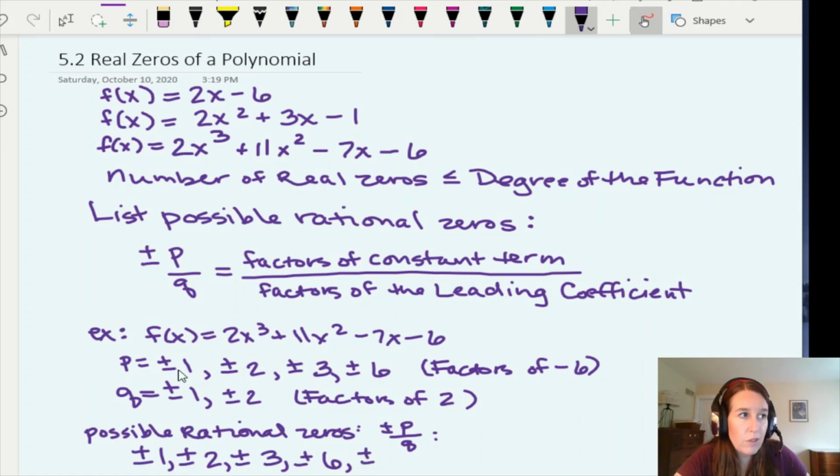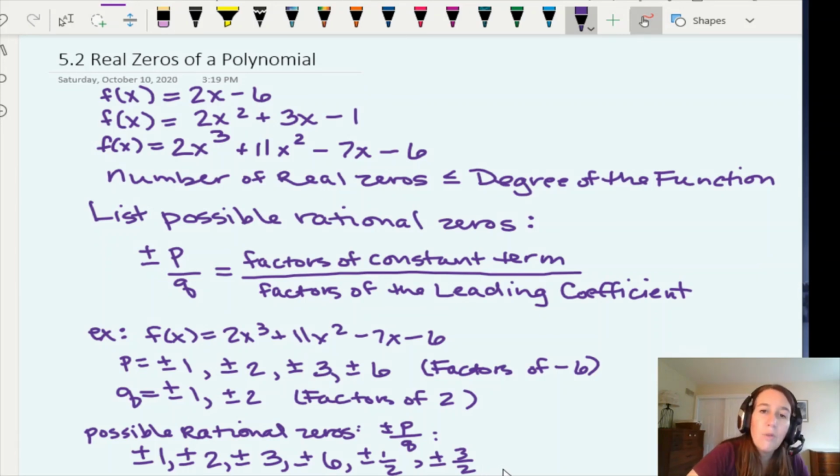That's plus or minus 1 over 2, so 1/2. Plus or minus 2 over 2 is already there, it's 1. Plus or minus 3 over 2 is a new one. And plus or minus 6 divided by 2 is just 3, so that's not a new one. These are all the possible rational zeros that we could find from this equation.